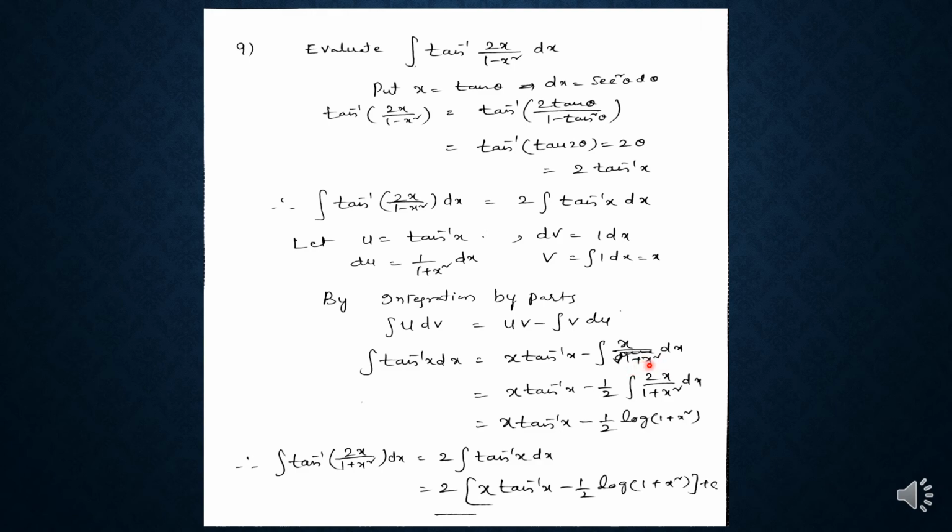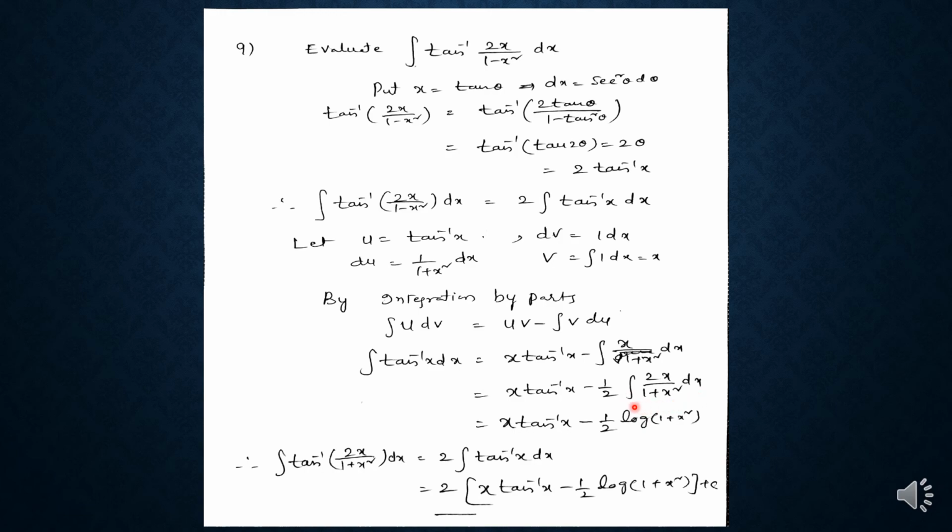The integrand is in the form of numerator by denominator. If we check the f dash x by f x form, in the denominator f x is 1 plus x square, then its derivative is 2x, but in the numerator we have only the x term. So to make it into the standard form, by multiplying and dividing the numerator by 2, that becomes minus 1 by 2 into integral 2x by 1 plus x square dx.